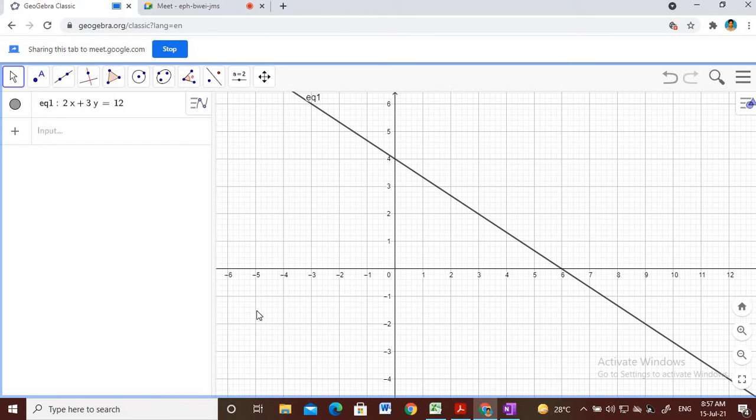So now, which points have you taken? (0, 4). Yes, sir. (0, 4) is point A, you can see.